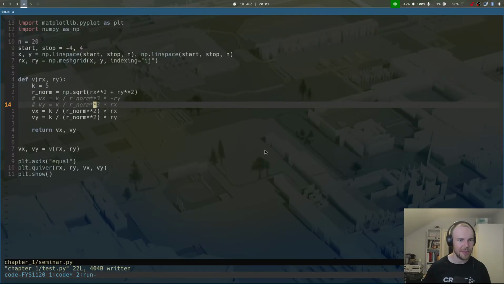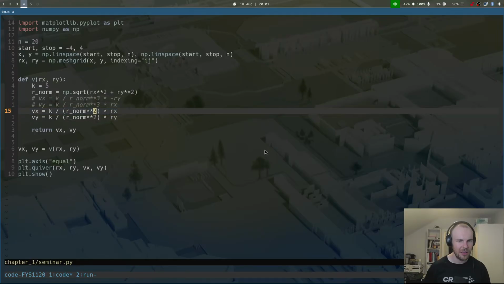I've done this in the seminar. I had k. I did this, minus times minus ry. I did the meshgrid here then, but still that should be correct. K is equal to 5. This is also good.